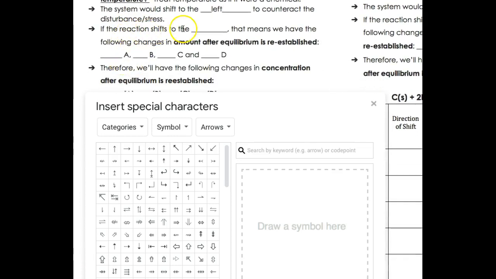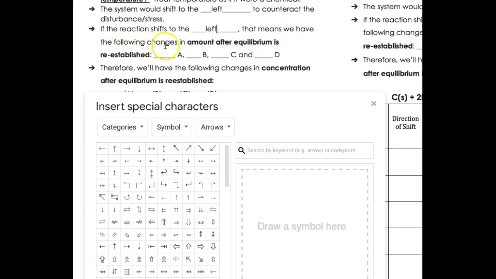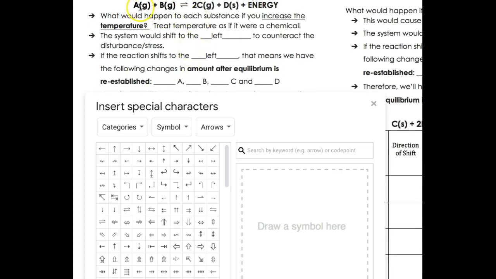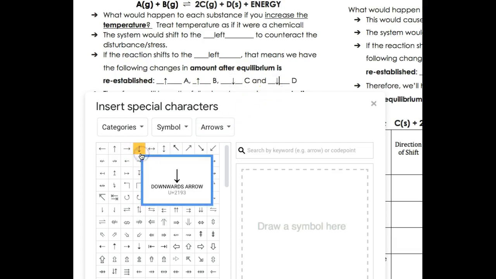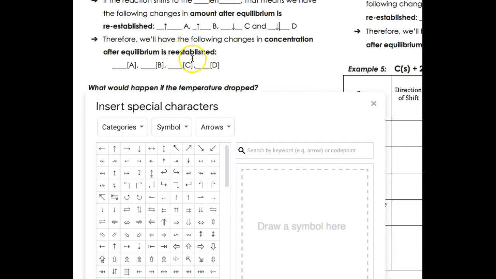If the reaction shifts to the left, that means we have the following changes in amount. We're going to have more A, more B, and then less C and less D. The amount of D, even though it's a solid, does change, but remember its concentration does not change.